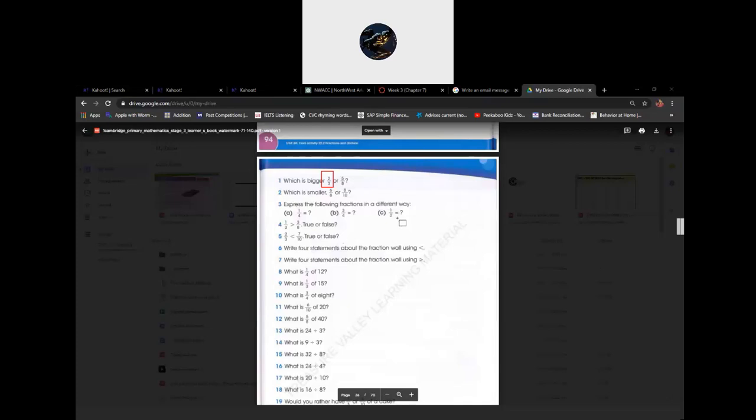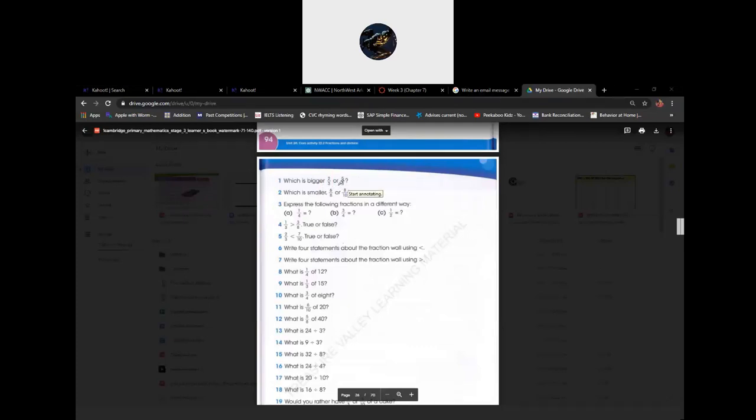So how I did this was I made the denominators equal. First I simplified them, and I got 3 by 4 for the 6 by 8, and then 4 by 5 for 8 by 10.